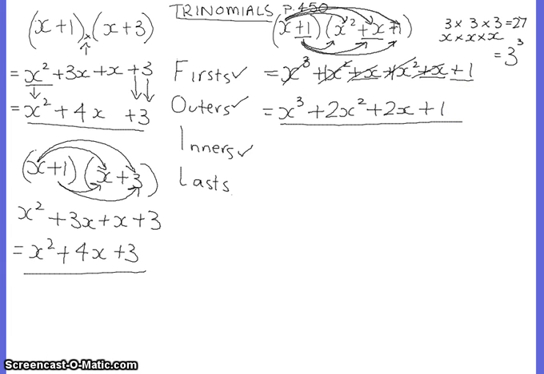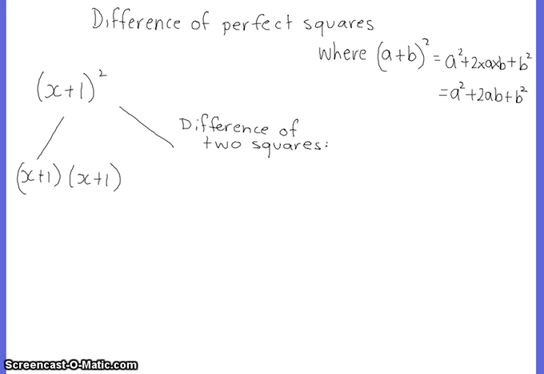With binomials, with perfect squares, sorry, there's a bit of a rule that looks like this. Where a plus b is all squared, you square the first number or letter, you square the last number or letter, and you multiply the 2 number or letters inside and multiply it by 2.